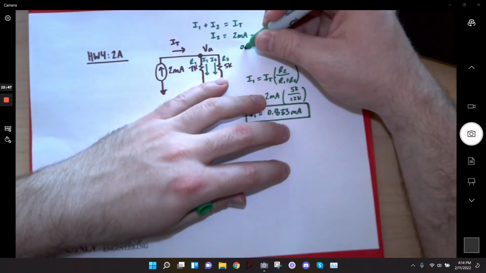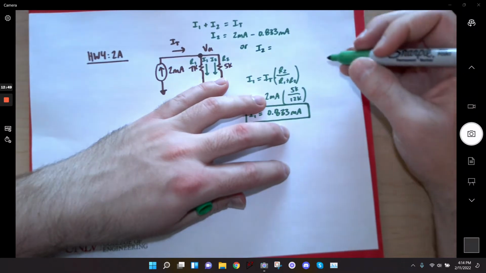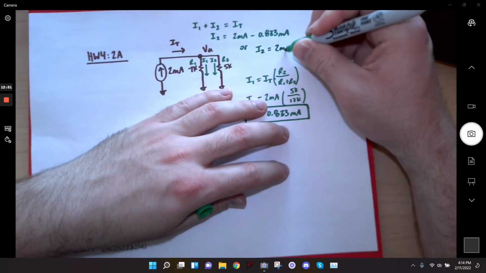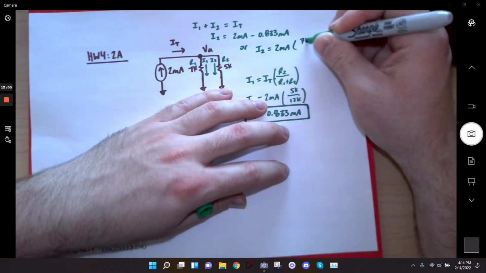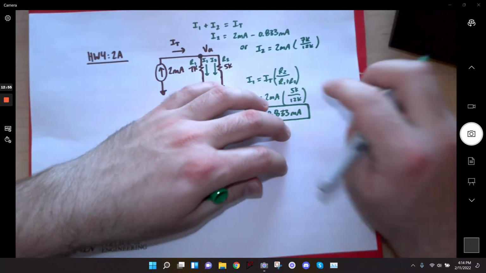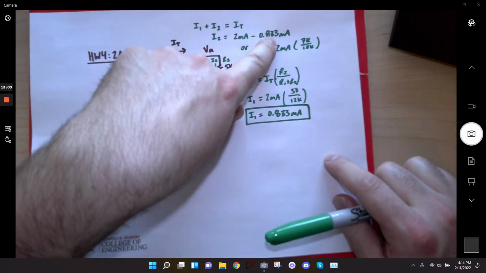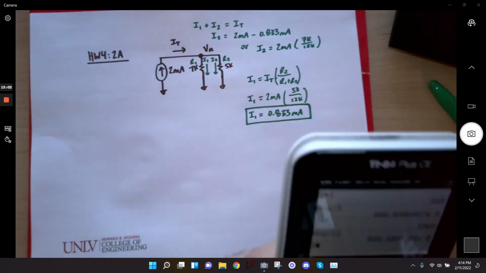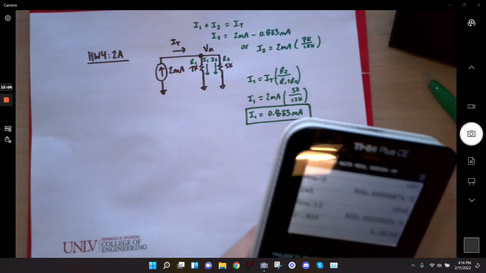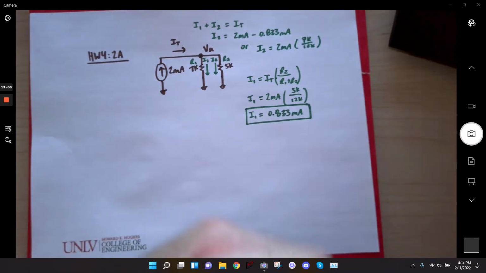Or I could say that I2 is equal to the total times 7K over 12K. This is using the current divider equation. So in either case, 2 milliamps minus 0.833 gives me 1.167 milliamps.